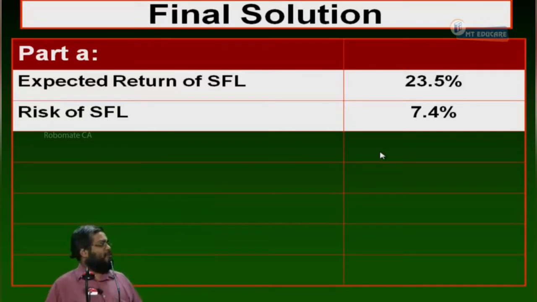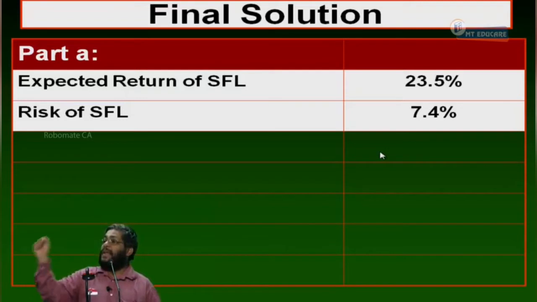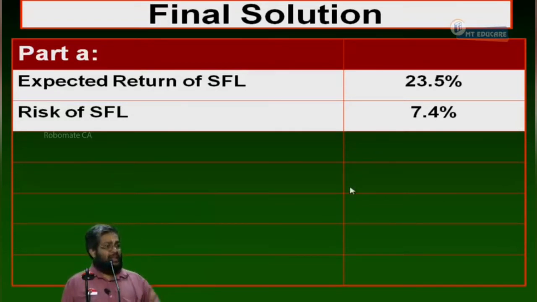Later, in the next class, I'll discuss a concept called the Sharpe single index model, where I'll be breaking the 7.4% into how much is systematic risk and how much is unsystematic risk using regression analysis. At present we should know that the 7.4 represents total risk. It consists of both risk due to the system as well as company specific risk. Enough for it or not?